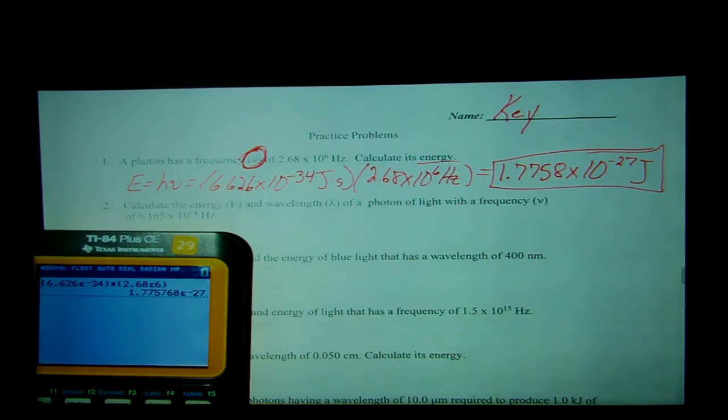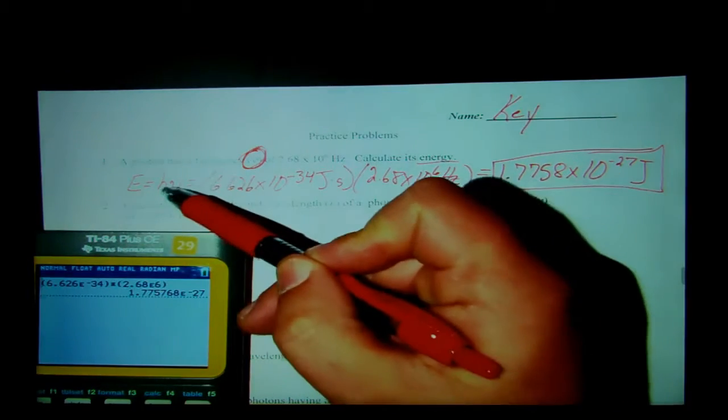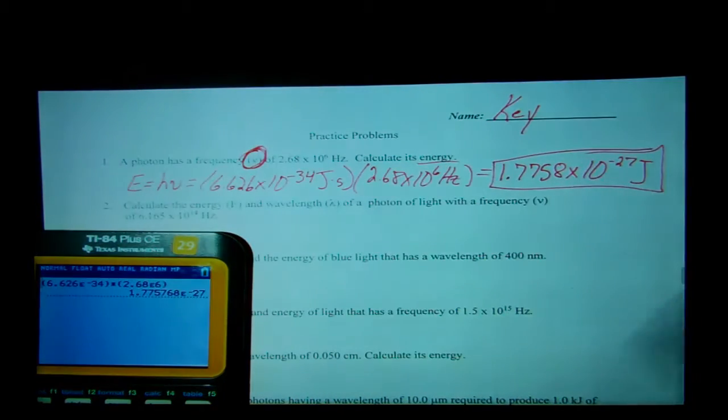So the 6.626 times 10 to the negative 34, what is that again? That is Planck's constant. That is H. And it's your first constant you must memorize. What is the second constant you must memorize? 2.98 times 10 to the 8? That is the speed of light. That is C. That is the second constant you must memorize.